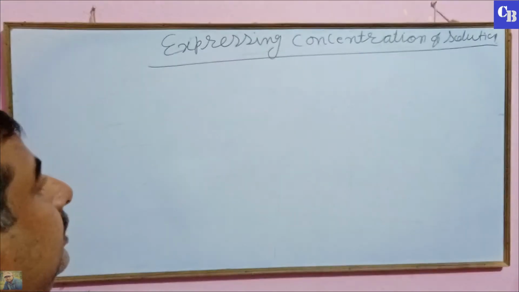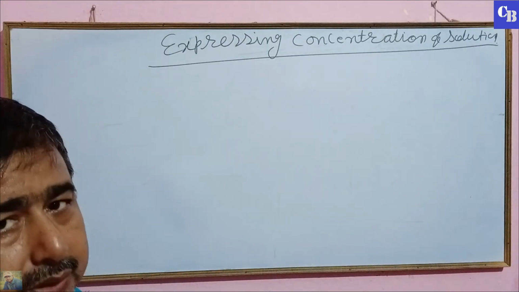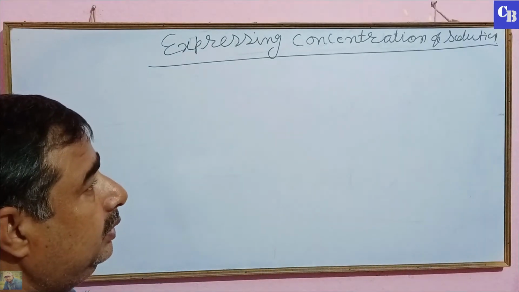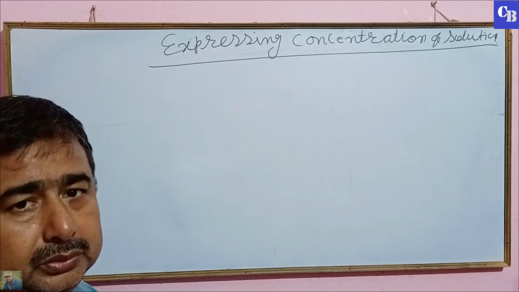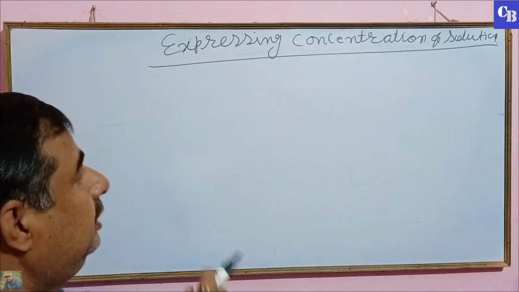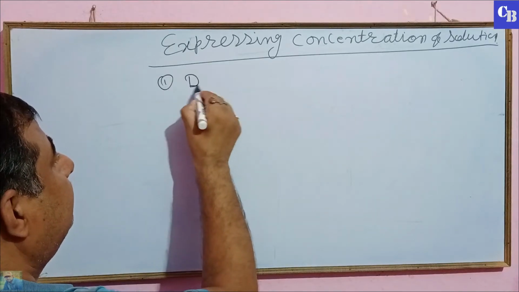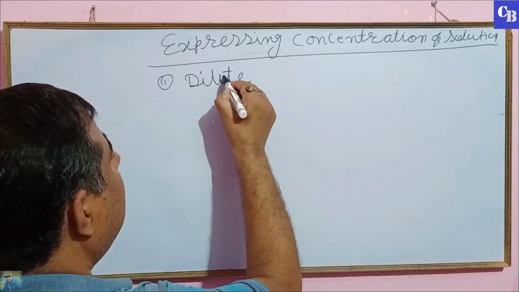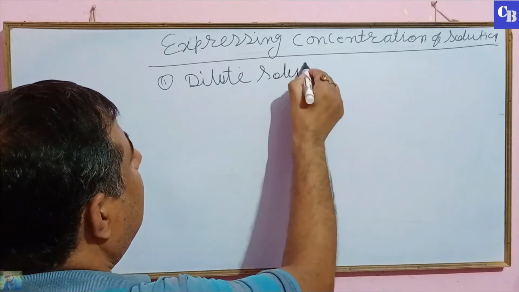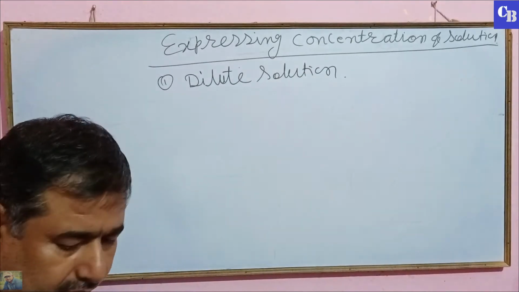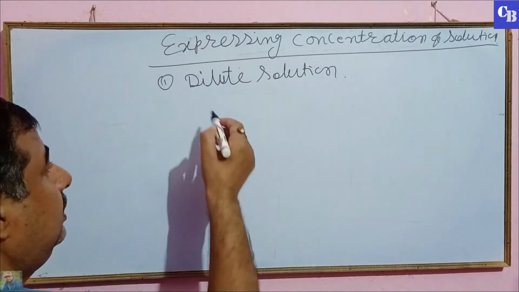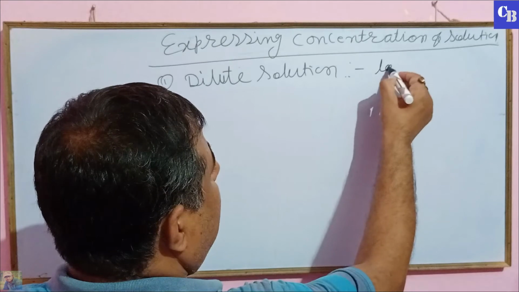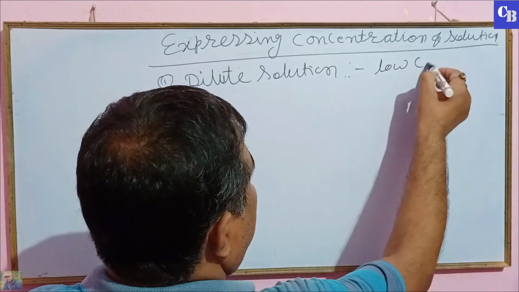On the basis of concentration of solution, solutions are divided into two types. First, dilute solution. Dilute solution means low concentration of solution.